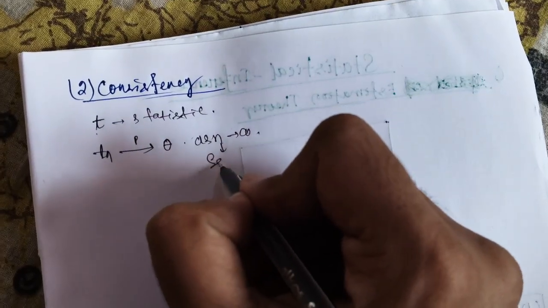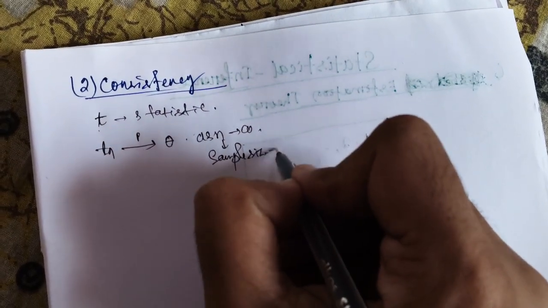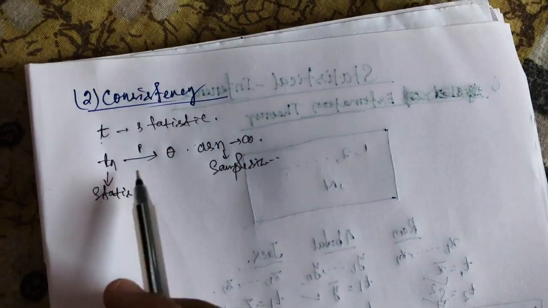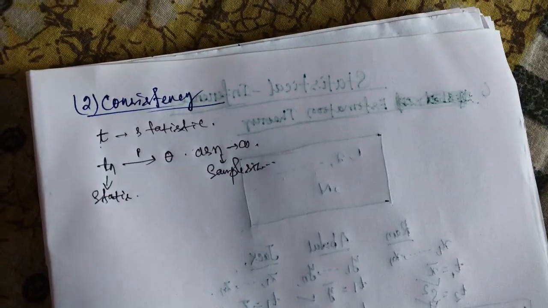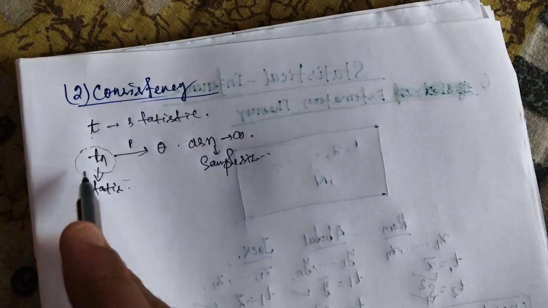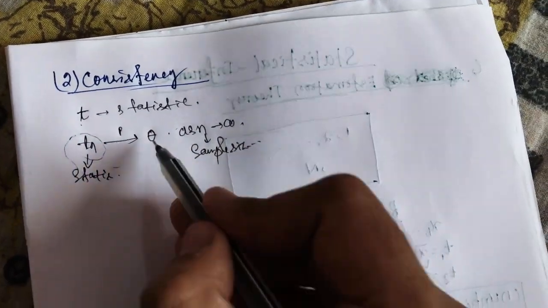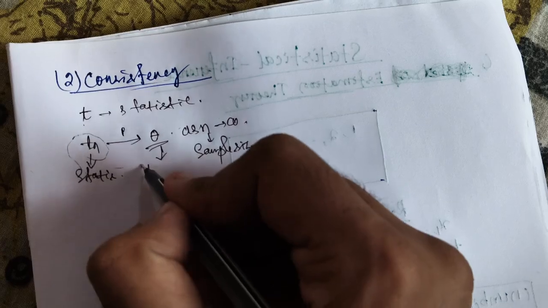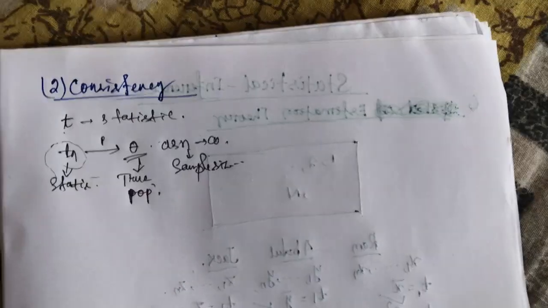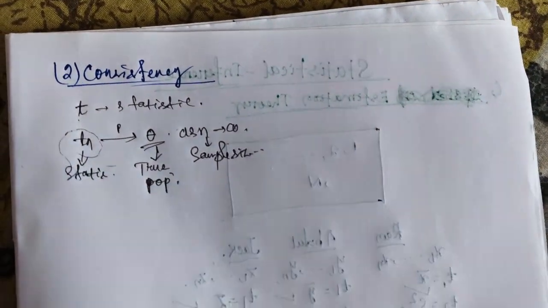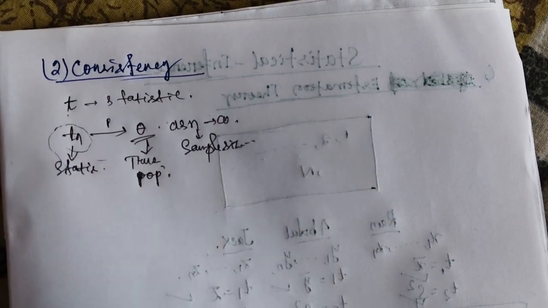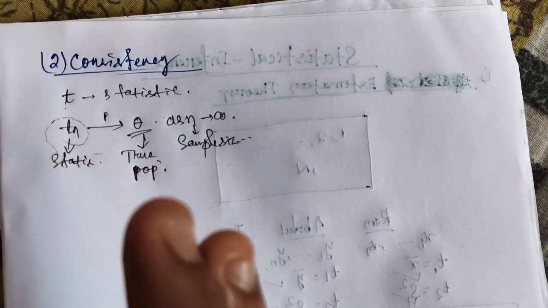Here n is the sample size, and Tn is our statistic. So what does it tell us? When we increase our sample size, our estimated value will be close to the true population value. So a good estimator's another property is that if we increase the sample size, it will get close to the true population value. That is all about consistency.